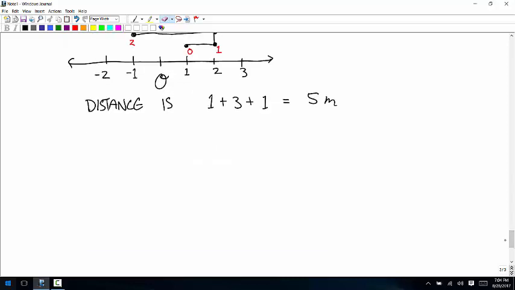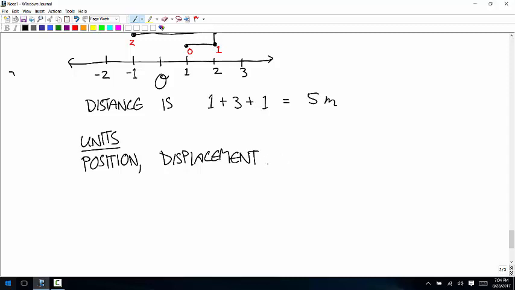Okay, so let's talk about the units of all these things. Position and displacement and distance, although that's not going to be a big thing in this class, have units of length.